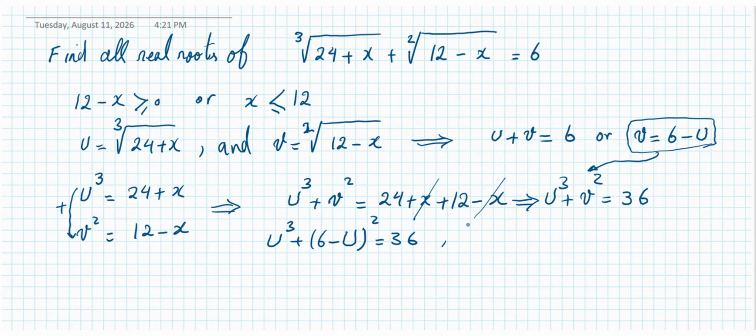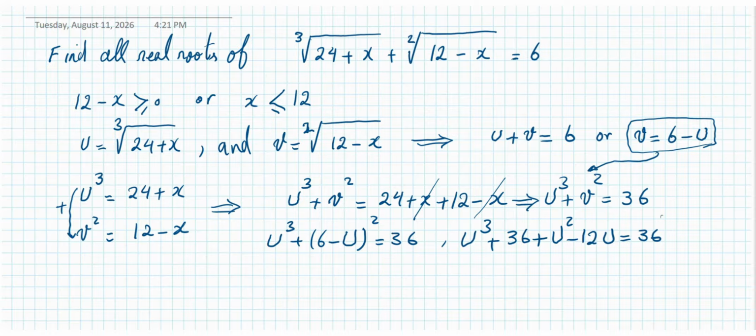And this equation becomes u cubed plus 36 plus u squared minus 12u equal to 36.